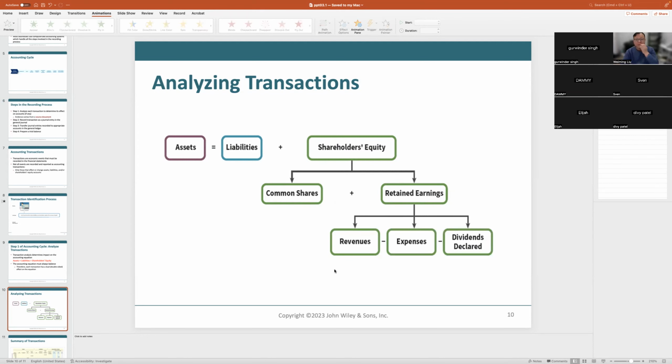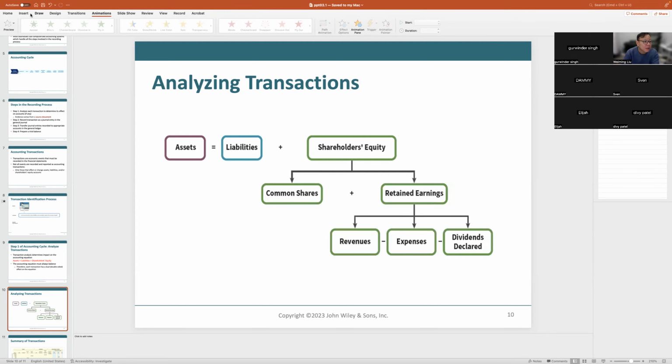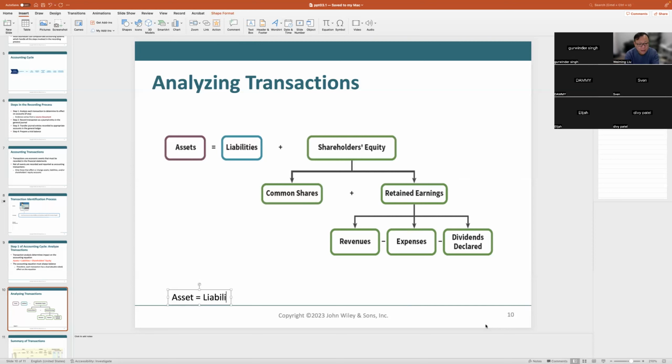Basically, if I rewrite this equation, you have asset equals liabilities plus common shares plus revenues minus expenses minus dividend declared.